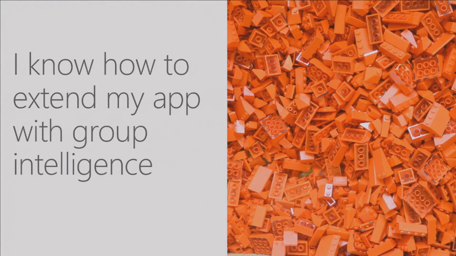So next, I'd like to spend a short amount of time and talk about extensibility or programmability using Microsoft Graph. Extensibility is really all about using groups as a platform for building rich, customized experiences.